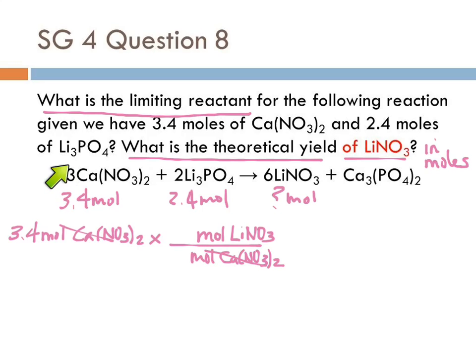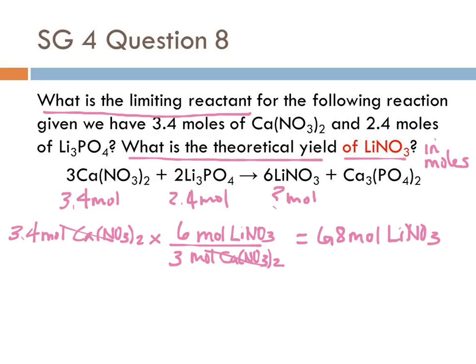In front of calcium nitrate is the number 3, so in our mole ratio, we write 3. In front of lithium nitrate is a 6, and so we put a 6 here. We do the math, and it comes out to be 6.8 moles of lithium nitrate.